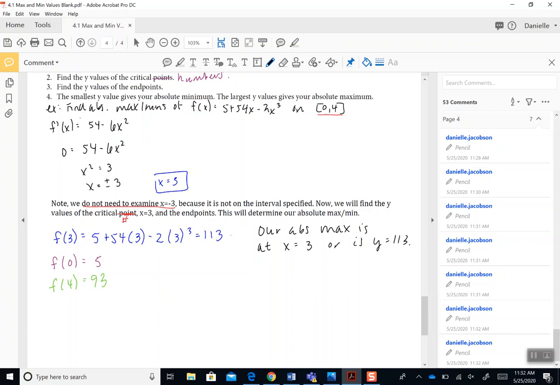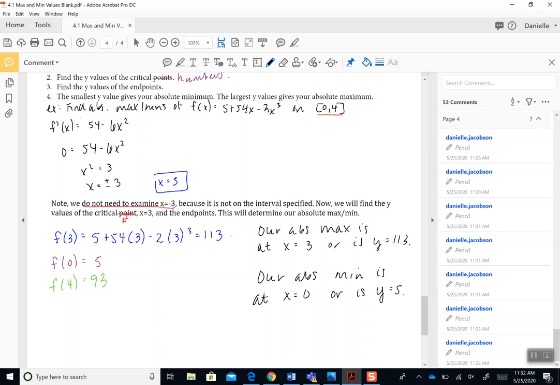If it asks for the point, you'd get the point, etc. Our absolute min is at x equals 0, or we could say it is y equals 5.